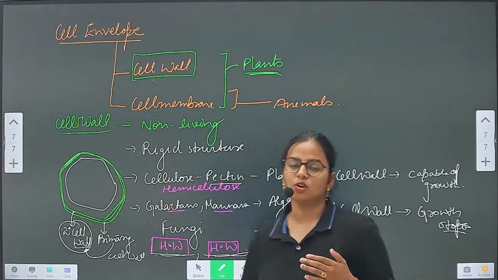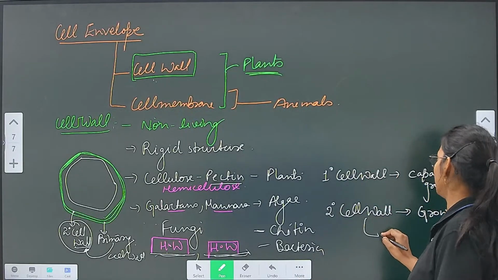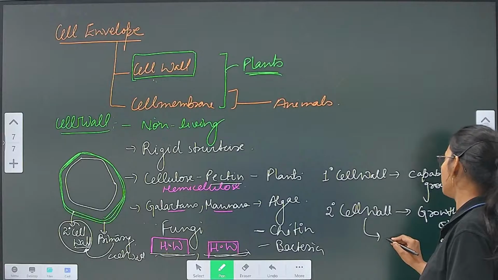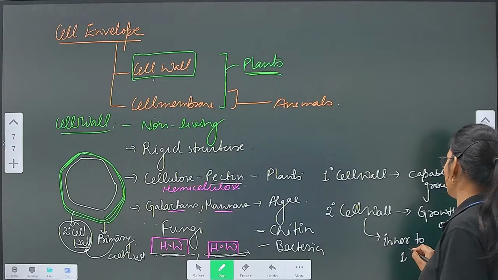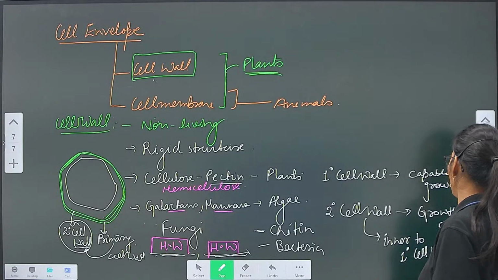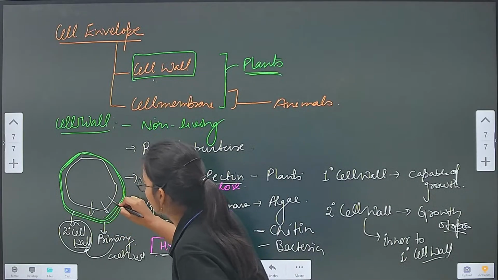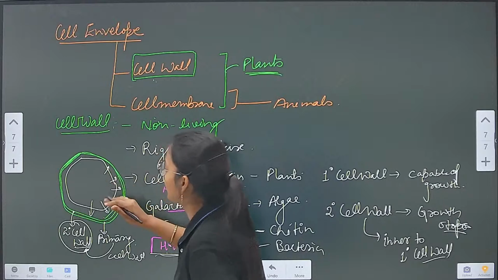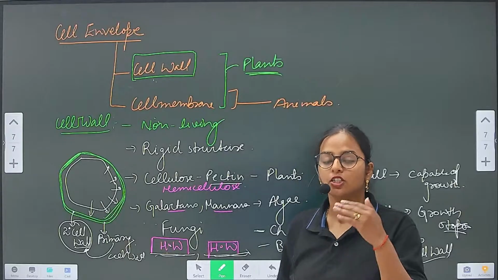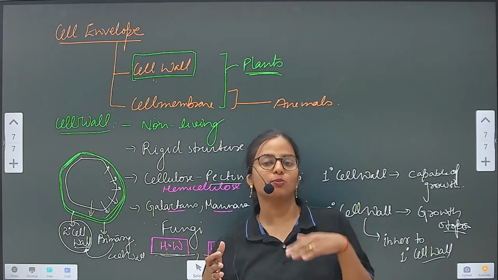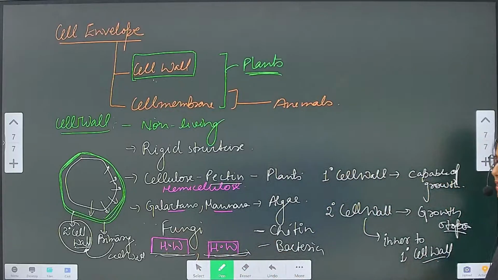Secondary cell wall will always be formed from inside, inner to the primary cell wall, because the cell is always making components from inside only, and the primary cell wall gets converted into the secondary cell wall. So the first formed is primary, the second formed is secondary. Primary is capable of growth, secondary is not capable of growth. I hope I am clear with the concept.